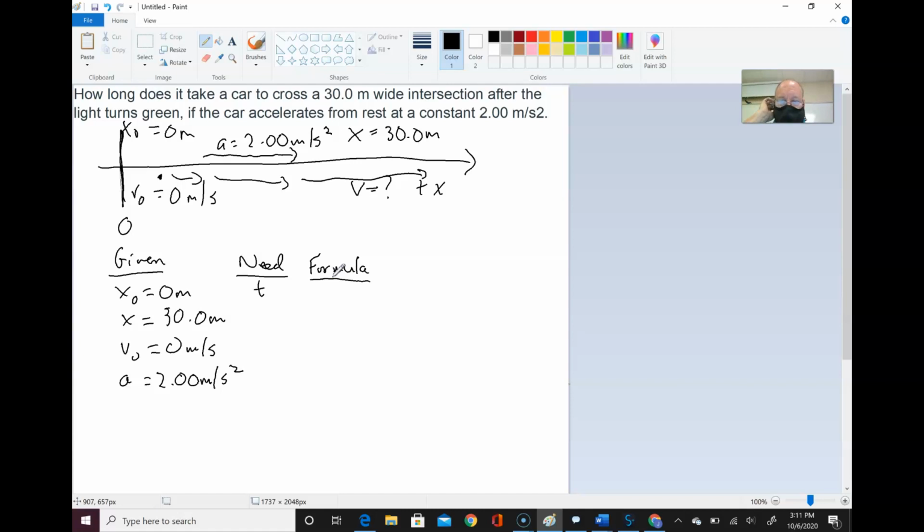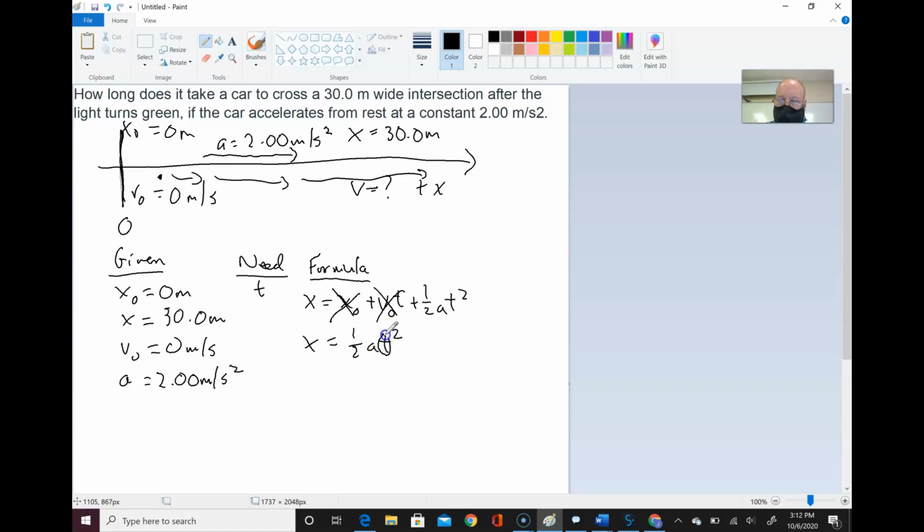But I can use this third equation because I don't have a final velocity, so that means I have to use x equals x0 plus v0 times time plus 1/2 at squared. Now, I know by inspecting that my initial position is 0 and my initial velocity is 0, so 0 times time is still just going to be 0. So both of those drop out, and that leaves me with x equals 1/2 at squared.